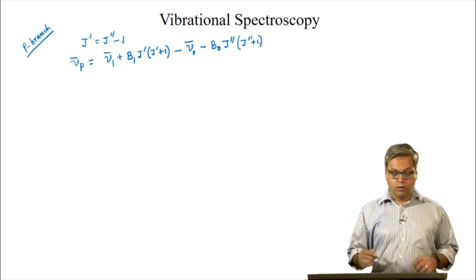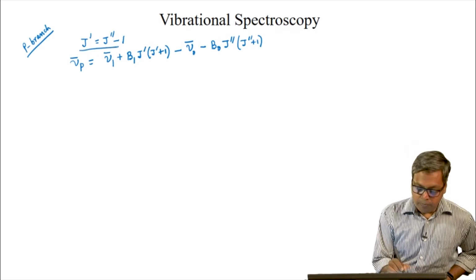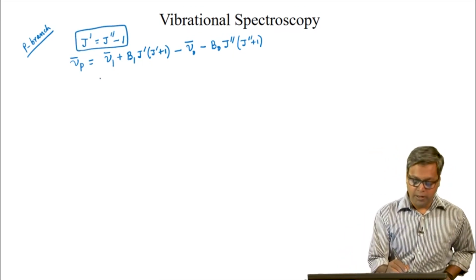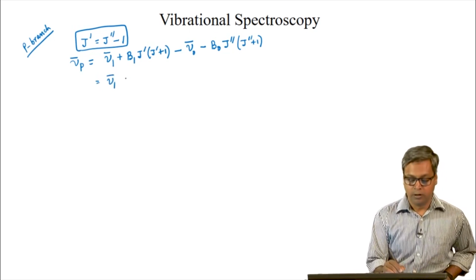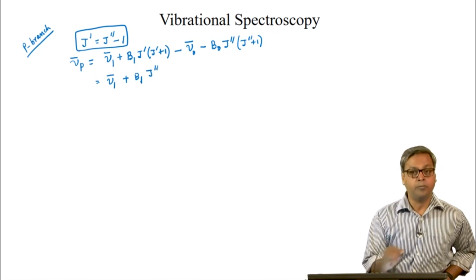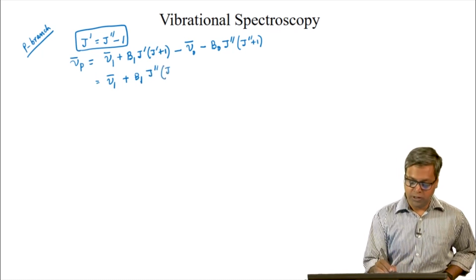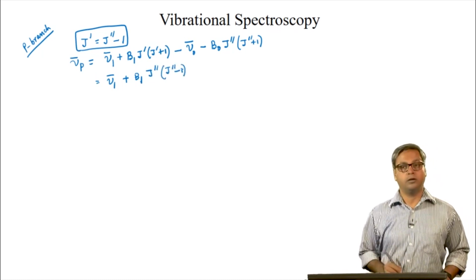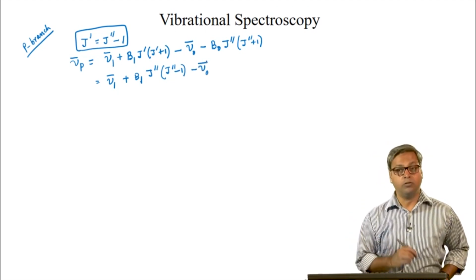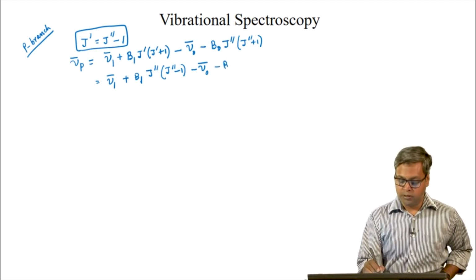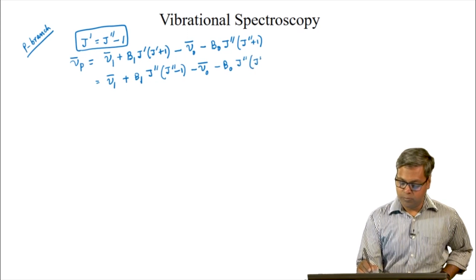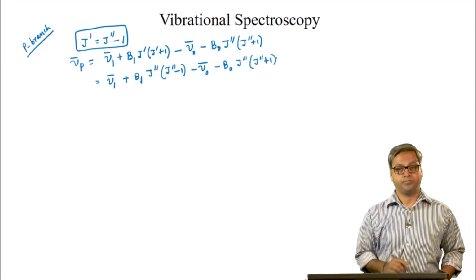So, because J prime equals J double prime minus 1, we can write this as nu bar 1 plus B 1, then J double prime times J double prime minus 1, and then I can subtract off nu bar 0 minus B 0 J double prime times J double prime plus 1.